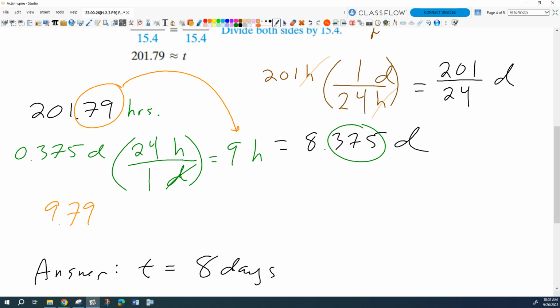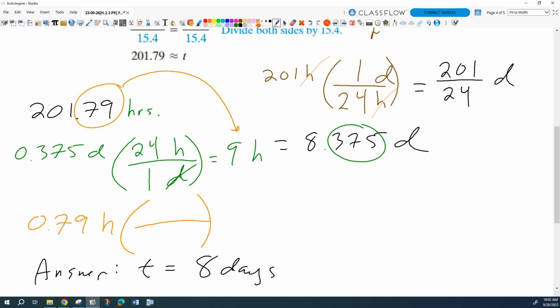Okay. So we need to come down and do 9.79 hours. We have 9 hours, but I've got this additional part, this 0.79, that I've got to convert into what? Minutes, because we don't want decimal values, right? So 0.79 hours, I'm going to multiply by another changer.